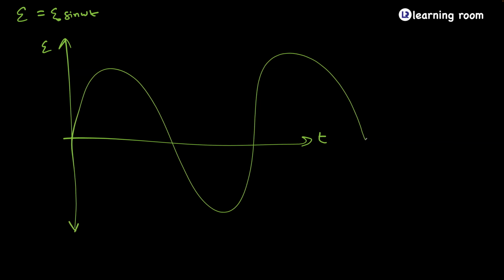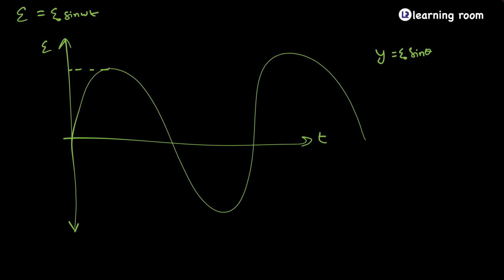So this is the basic graph for sine, but what is the range of sine? -1 to +1, right? But if the question had been only sine theta, then the range would have been -1 to 1. But here the value is not sine theta, it is E naught times sine theta. So the range will be between -E naught to +E naught.